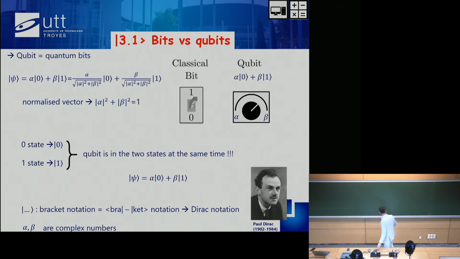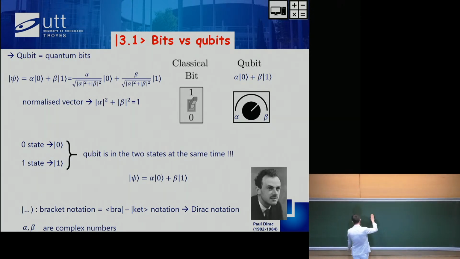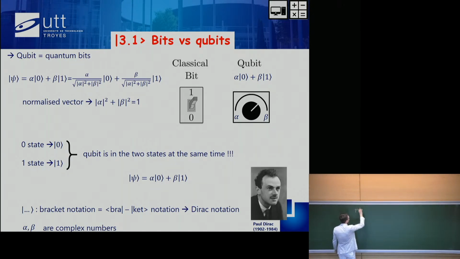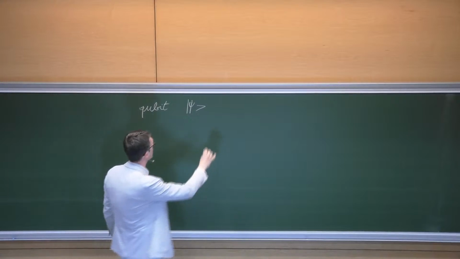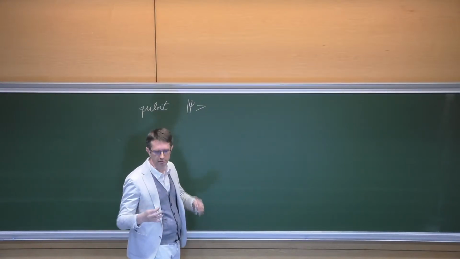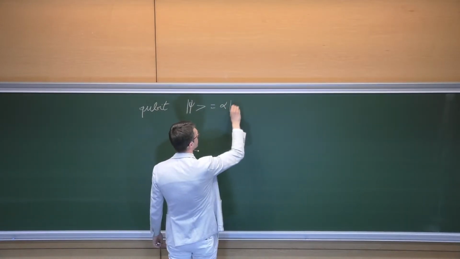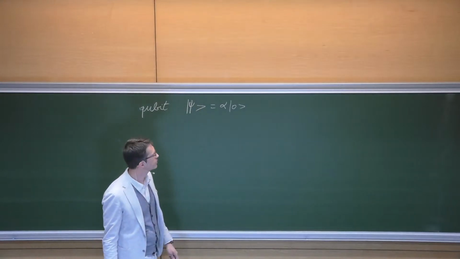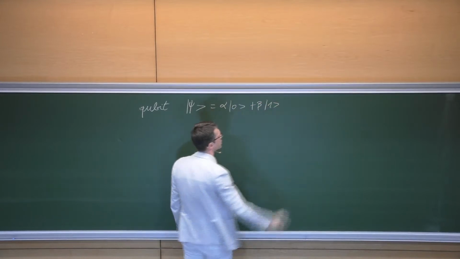So let's write that down, actually. I'm missing a chalk. So the more general qubit, psi, so we will see just in a moment that this can be seen as some form of a vector, is a coefficient alpha times the state |0> plus beta times the state |1>.